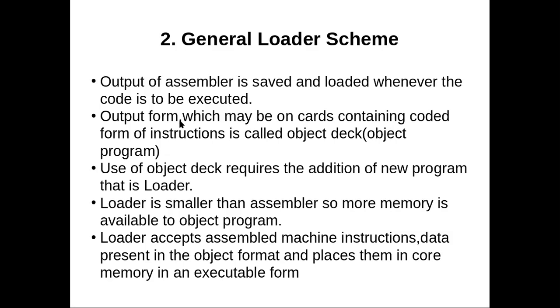Until that time, the output of the assembler, that is the machine language instructions or assembled instructions, will be punched on the card. This card is a secondary storage device. It has some storage area, and these coded instructions are called the object deck or object program. Whenever we want to execute this program, only then the corresponding object deck will be loaded into the memory.